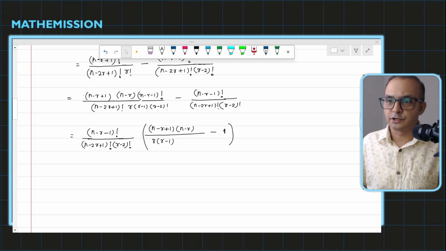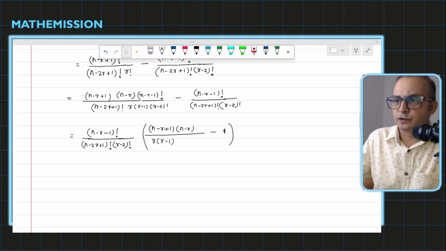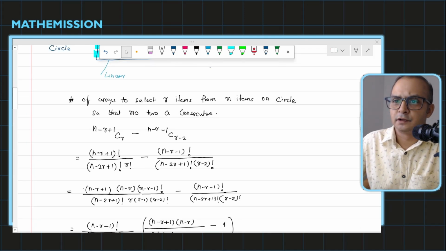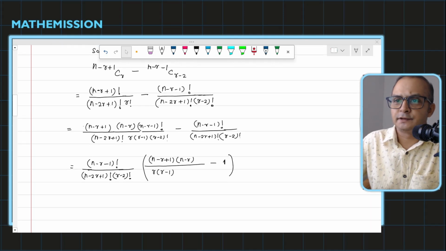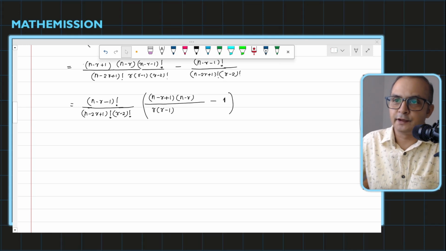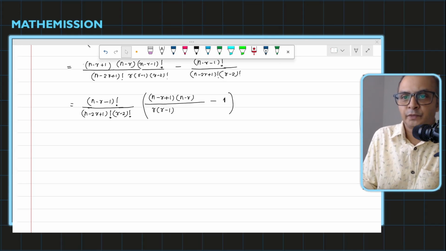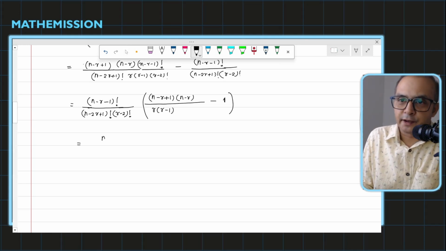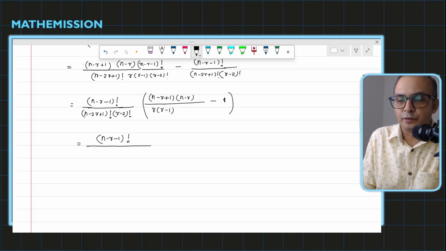So here is the calculation so far, and you can go through this calculation and you can find it. I think it's not so difficult to calculate, so I wanted to convey the idea from here. So this is going to be n minus r minus 1 factorial divided by this whole piece, n minus 2r plus 1 factorial times r minus 2 factorial.